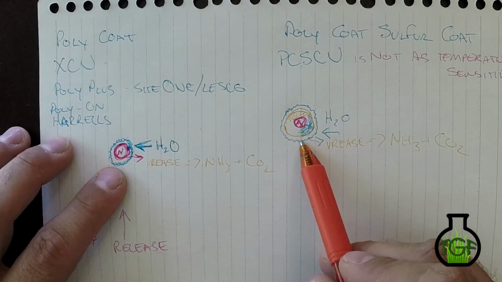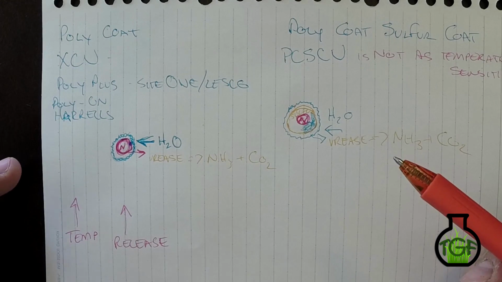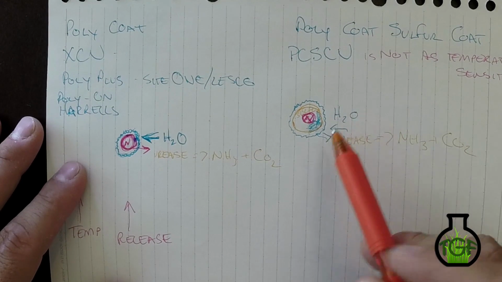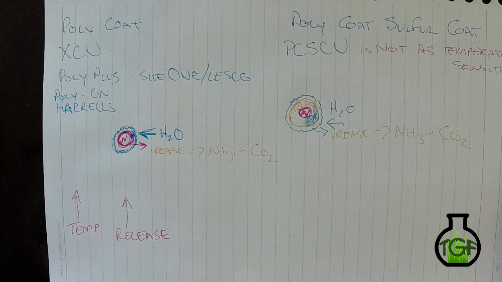If this prill gets damaged, it doesn't happen a lot, but if you apply a granular PCSCU or Polyco product on top of well-groomed zoysia or Bermuda grass, where after you finish fertilizing it, you can see it sitting there at the top, and then right as you finish, they come in with their mowers and mow it. Well, what was a bunch of control release nitrogen being put down is no longer going to be control release.